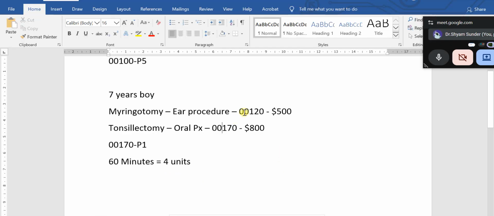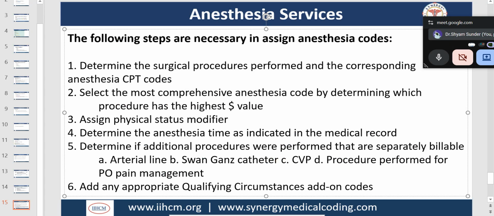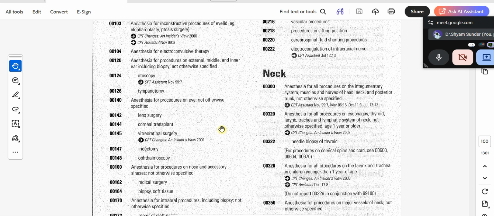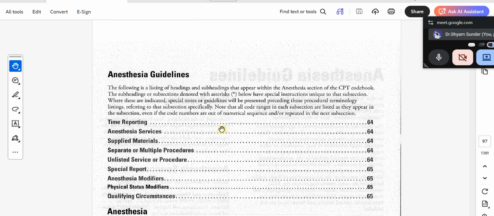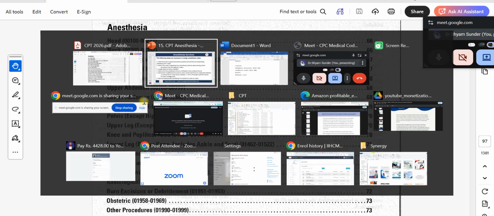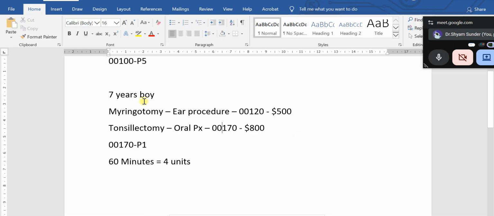Yeah, if they are both from zero series, because all the anesthesia codes, if you look, the first character is zero. So if you have multiple codes from this section, you have to take only the highest one.